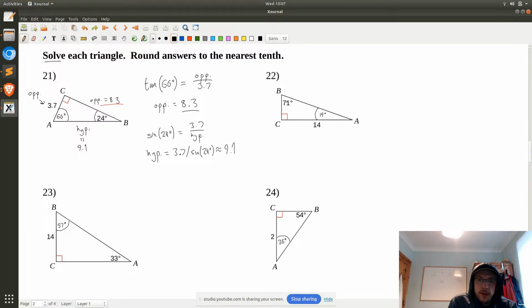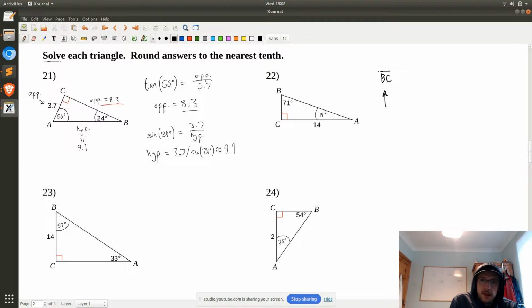Okay, so let's see. I want side BC. Side BC, I want the length of it. That is how you name side BC. You write BC with the line over the top.